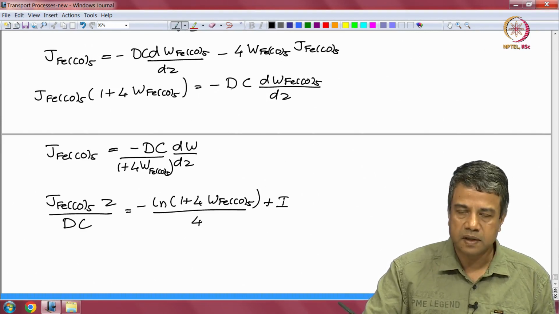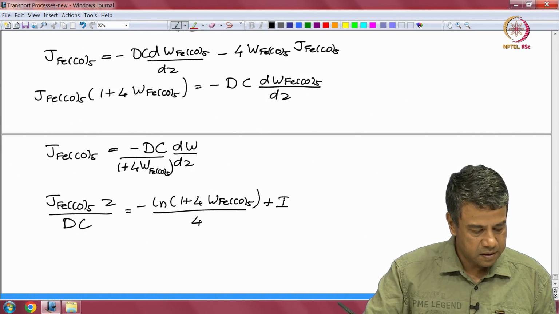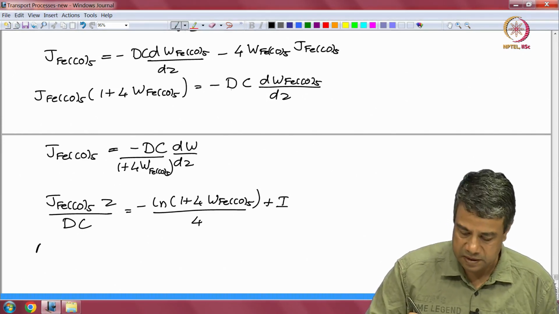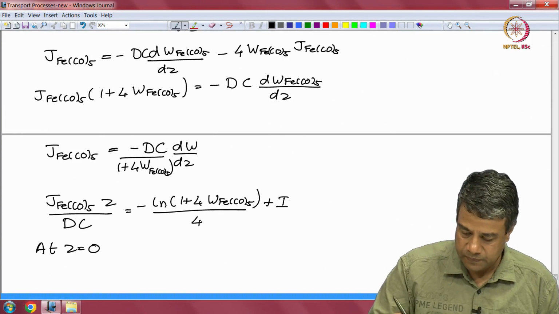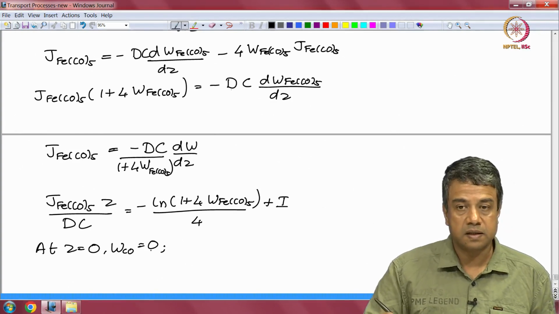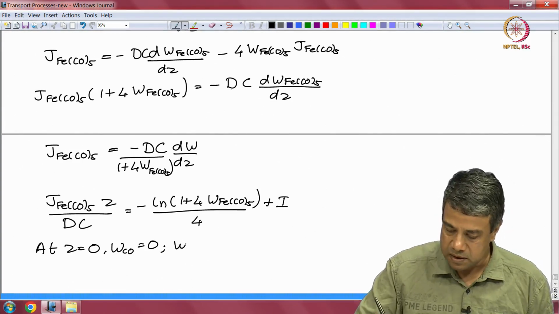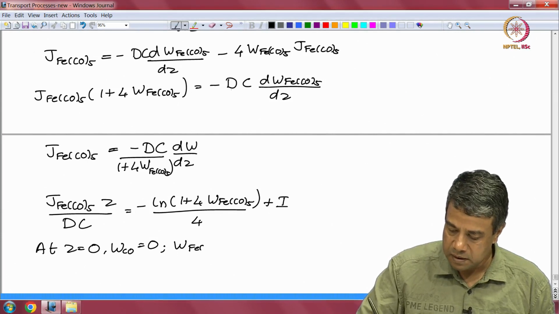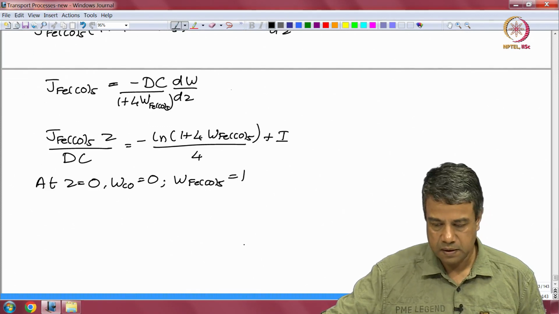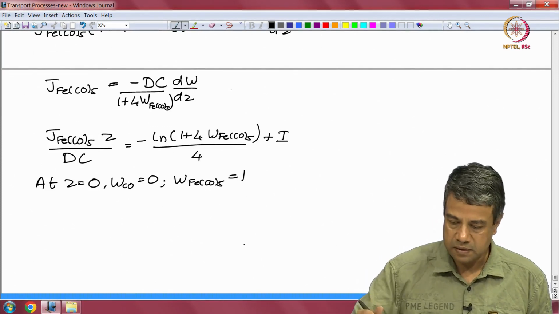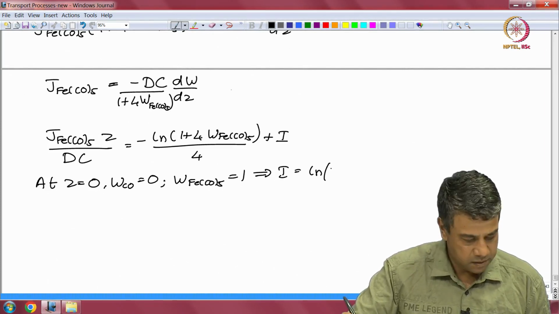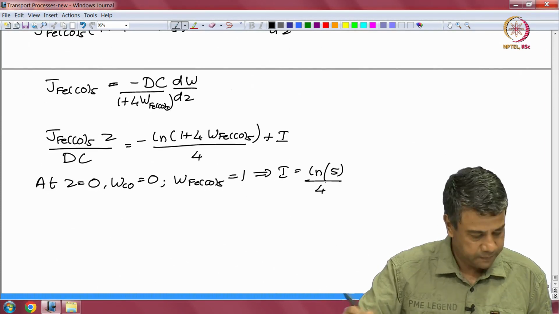This is determined from the condition that at z equal to 0, the mole fraction of CO is equal to 0. I said that CO gets consumed instantaneously, which means that W_FeCO5 is equal to 1. And if it is equal to 1 at z equal to 0, this gives me the value of the constant, I, equal to log of 5 by 4.